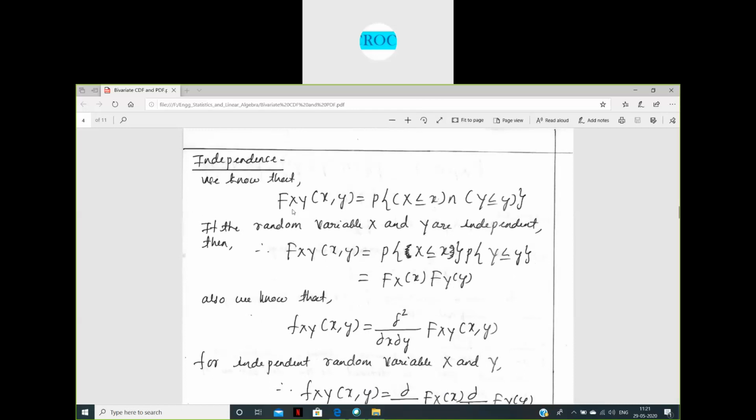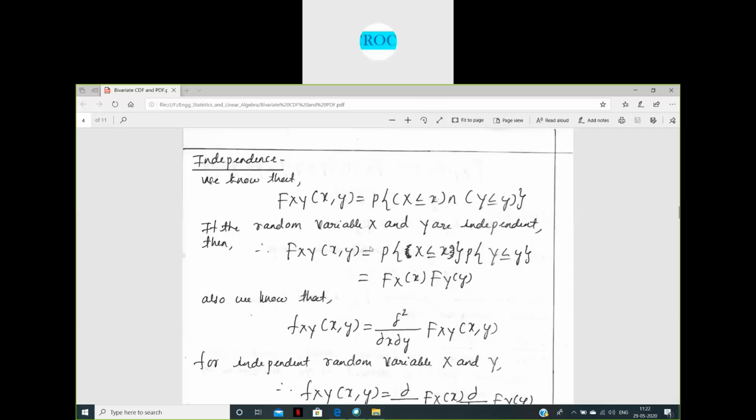Now we know that the bivariate cumulative distribution function is given by this relation: probability X less than or equal to x intersection Y less than or equal to y. Since these two are independent, this can be written as probability X less than or equal to x times probability Y less than or equal to y.